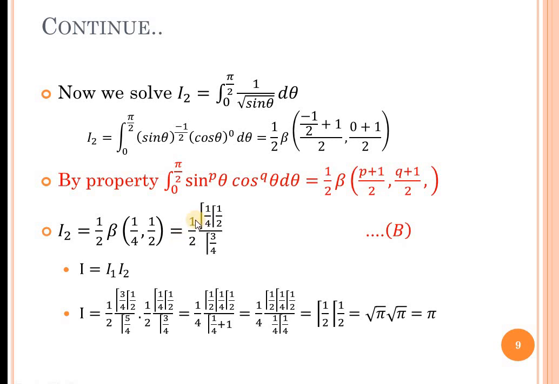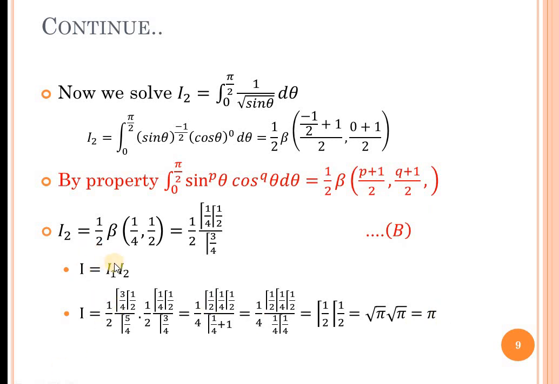When I simplify this, using beta m n is gamma m gamma n upon gamma m plus n, beta 1 by 4 comma 1 by 2 is gamma 1 by 4 into gamma 1 by 2 upon gamma of 1 by 4 plus 1 by 2, that is gamma 3 by 4. This is my value of the integration 1 upon root sine theta from 0 to pi by 2. I consider this equation B.